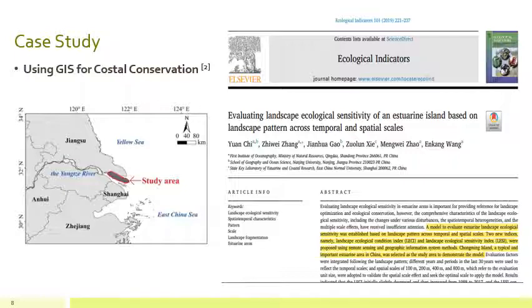So I'm not going to go over the research in huge detail, but I will focus on the figures and the different visual outputs used by the authors that support their research.